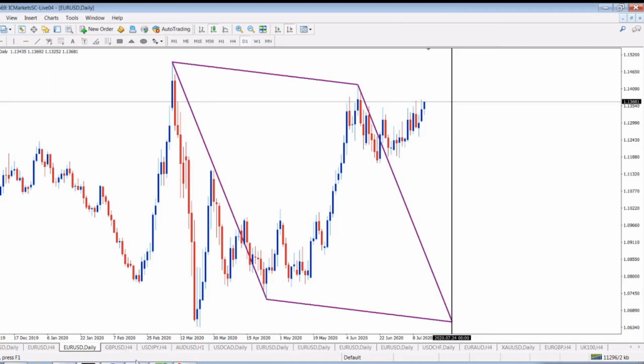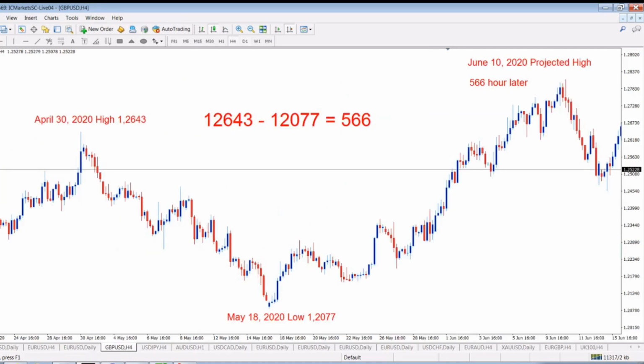Next one, what I want to show you today is some numbers. So the numbers are as such. GBP/USD. We got such a situation. We got a high of April 30th, 2020 at 1.2643. And we got a low over here on May 18th, 2020, and the low is 1.2077.